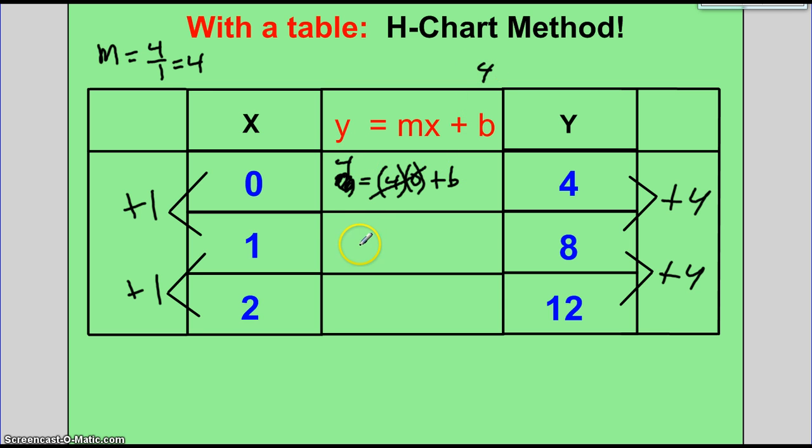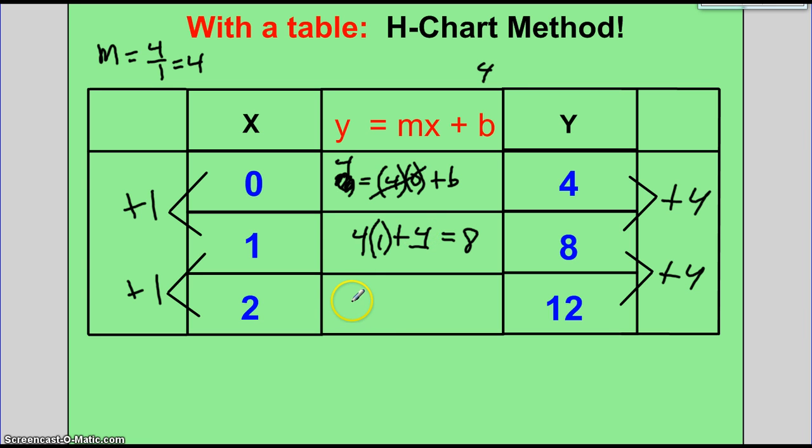Let's double check that that's true. Again, I plug in my slope, which is 4. My x is 1, plus something should give me 8. 4 plus something gives me 8. Well, I know it's 4. One more time.